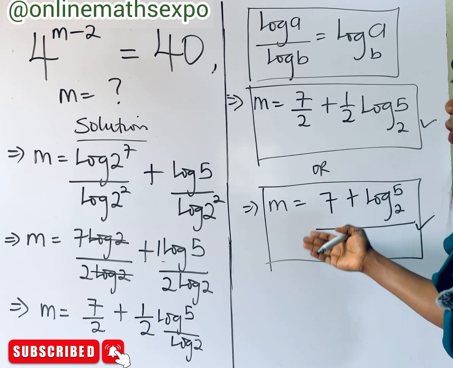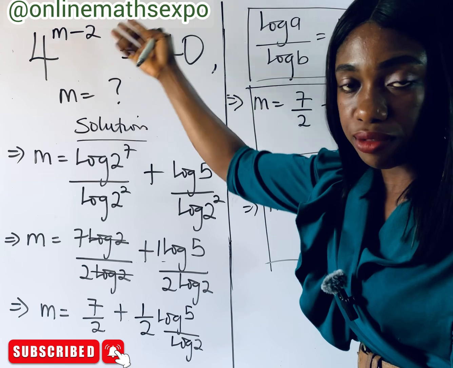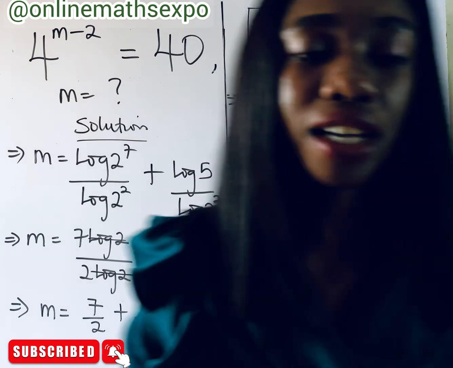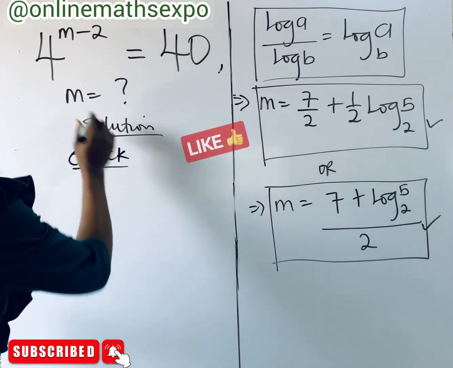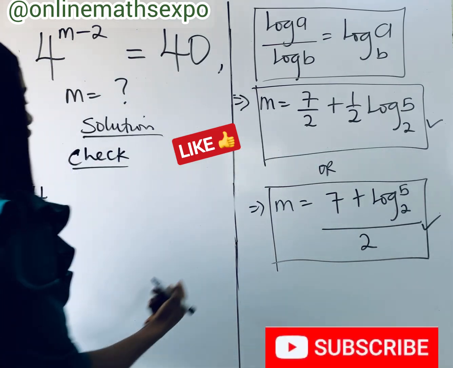Now let's check to know if this solution is really valid for what we have in the equation. So we're going to do a check. Let's take it to this part. To check, we have 4 to the power of our m. So let's make use of this m, okay?